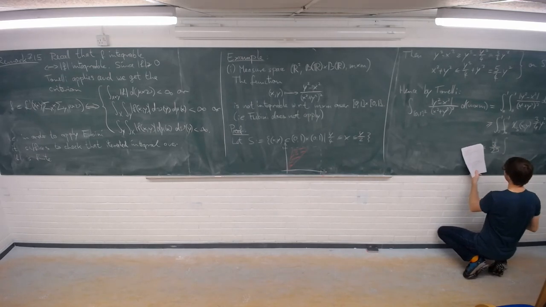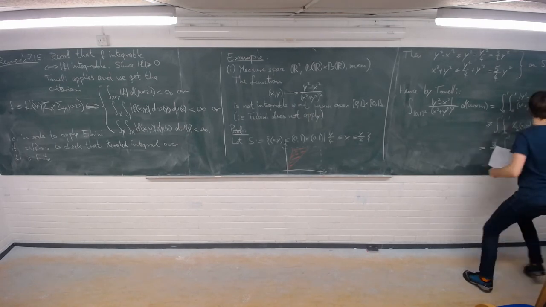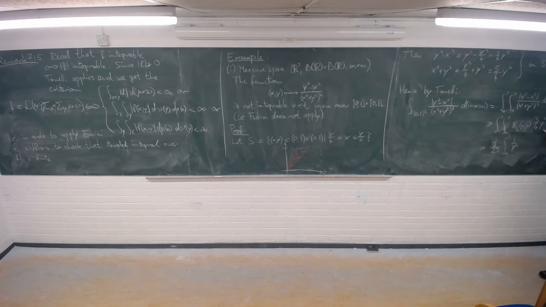And then in the integral we have integral 0 to 1, 1 over y squared. That's what we have left, because there's a y squared here, and there's a y to the power minus 4 here. So y to the power minus 2 survives.